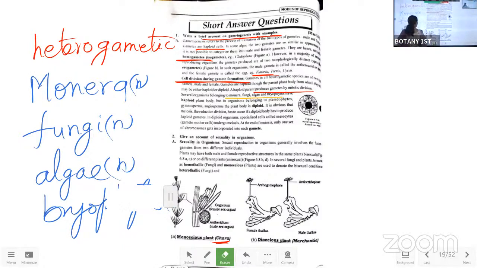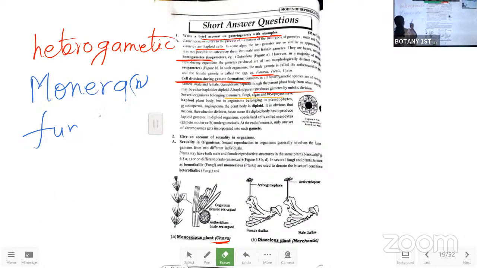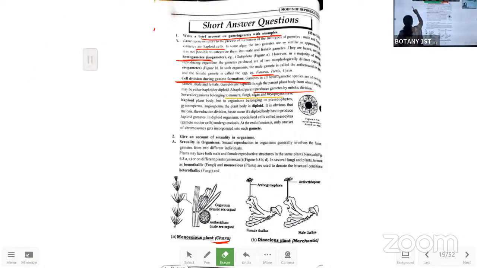But in the other organisms, that is the pteridophytes, gymnosperms, and the angiosperms, the initial plant body is diploid in nature.